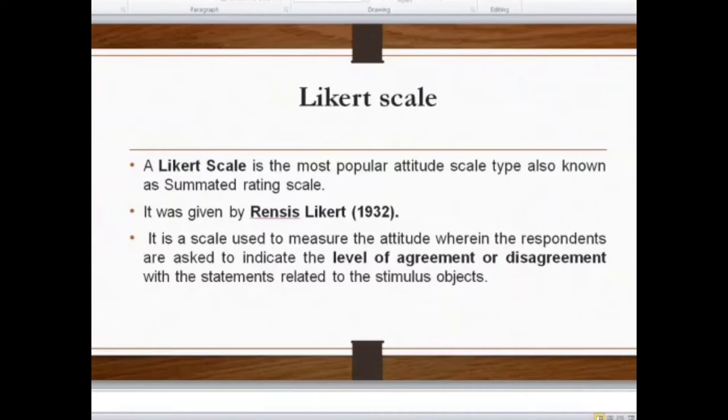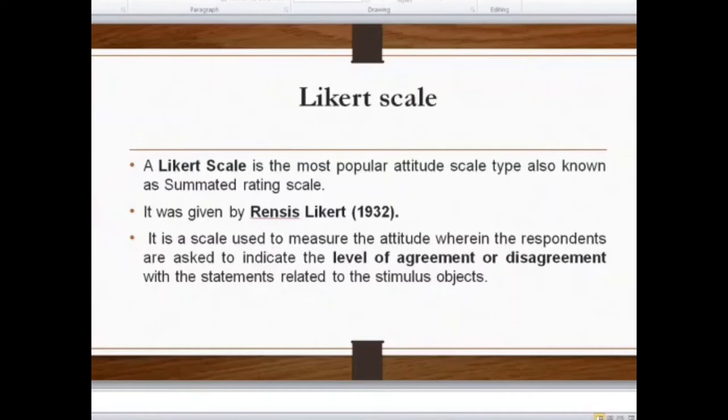It is typically a 5 response category scale ranging from strongly disagree to strongly agree, and the purpose of this Likert scale is to identify the attitude of people towards the given stimulus objects by asking them the extent to which they agree or disagree with them.